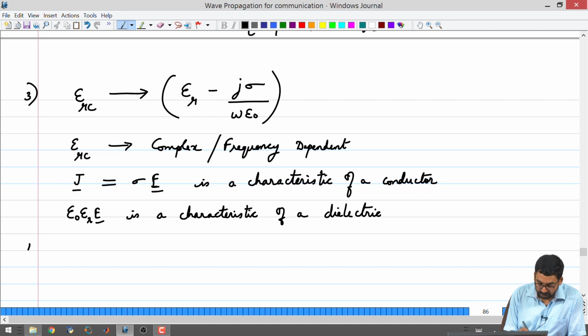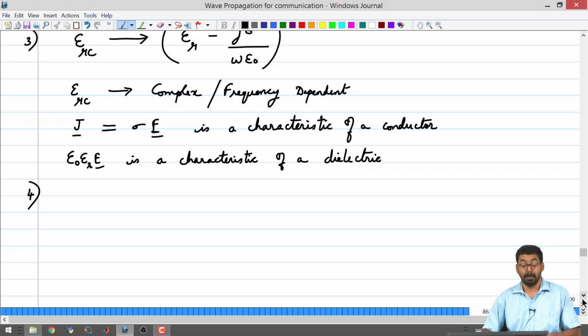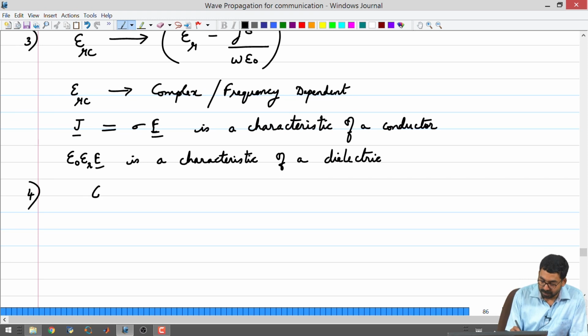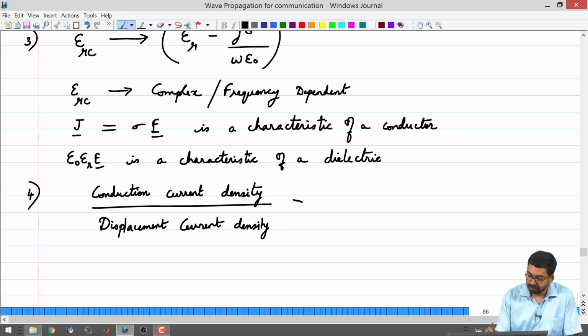Okay. So, then the question becomes, could we take the ratio of one quantity to another to determine whether the material is behaving more like a conductor or a dielectric, right. So, we can say that conduction current density divided by displacement current density, suppose it is much greater than 1.